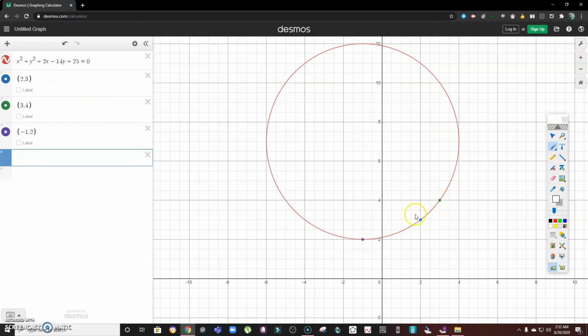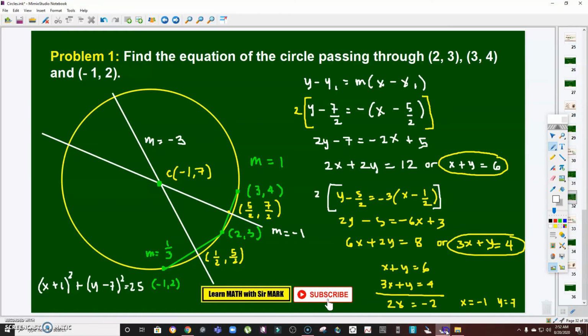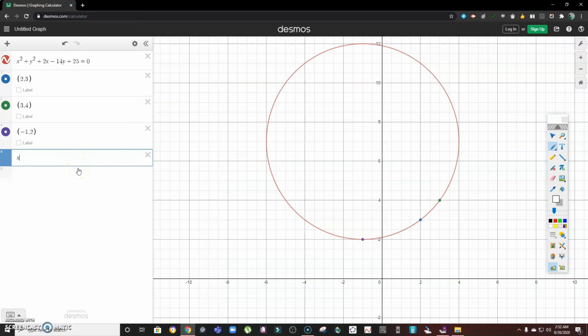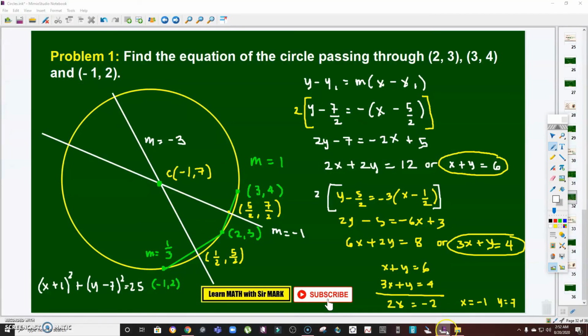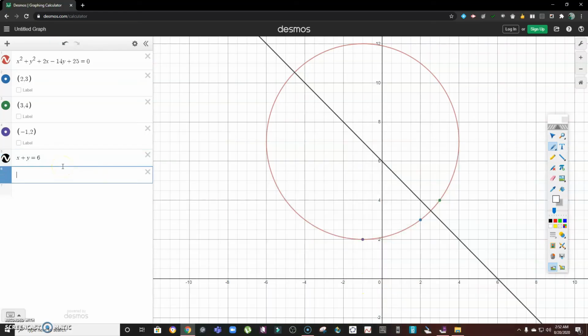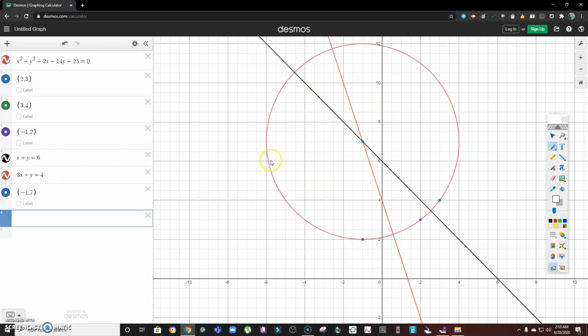Now let's show the perpendicular bisectors. The line x plus y equals 6, and the other line is 3x plus y equals 4. There you go. Then, of course, the point of intersection is negative 1, 7. Correct.